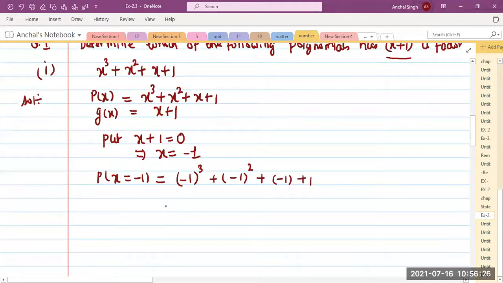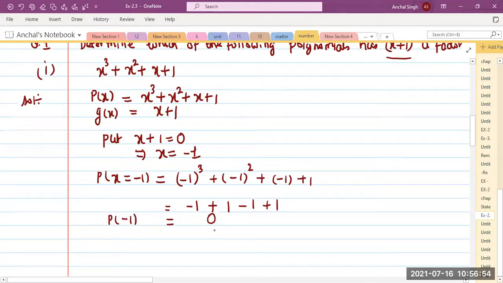Now minus 1 whole cube will be minus 1, and minus 1 whole square will be plus 1. Then positive into negative is negative, and plus 1. So what I'm getting over here, minus 1 plus 1, this will be 0. So over here, the remainder is coming how much? 0.